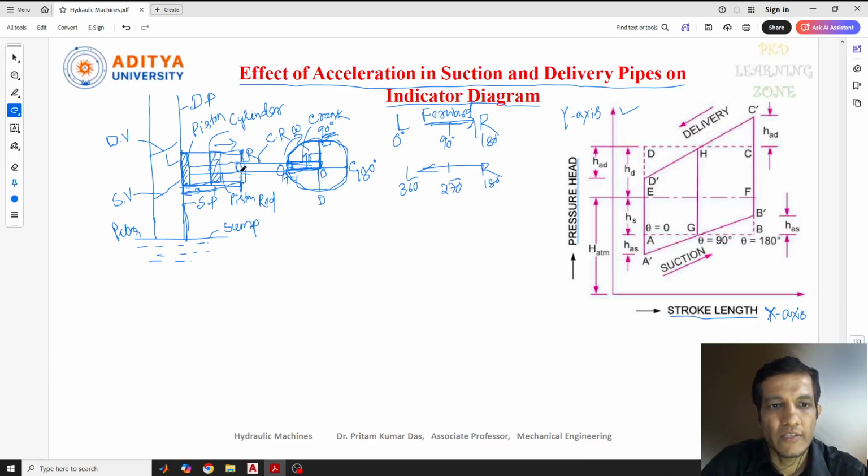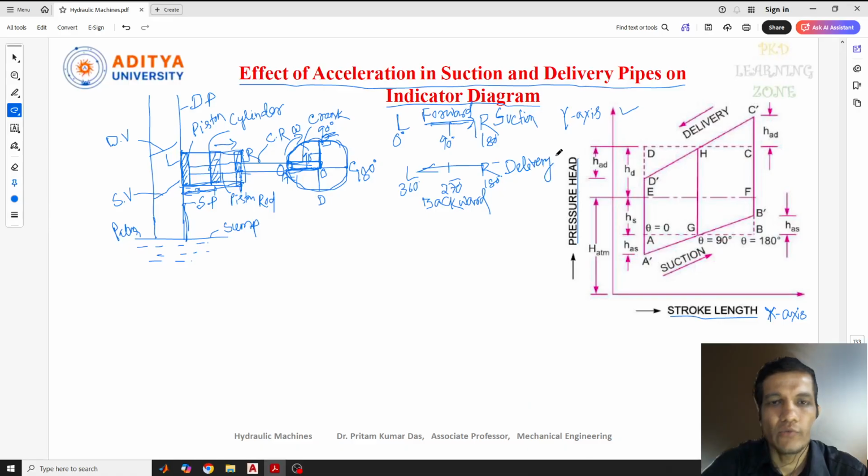That means the piston started from the right side and moved to the left side. This forward movement is our suction stroke that we have discussed, and the reverse or backward movement is the delivery stroke.